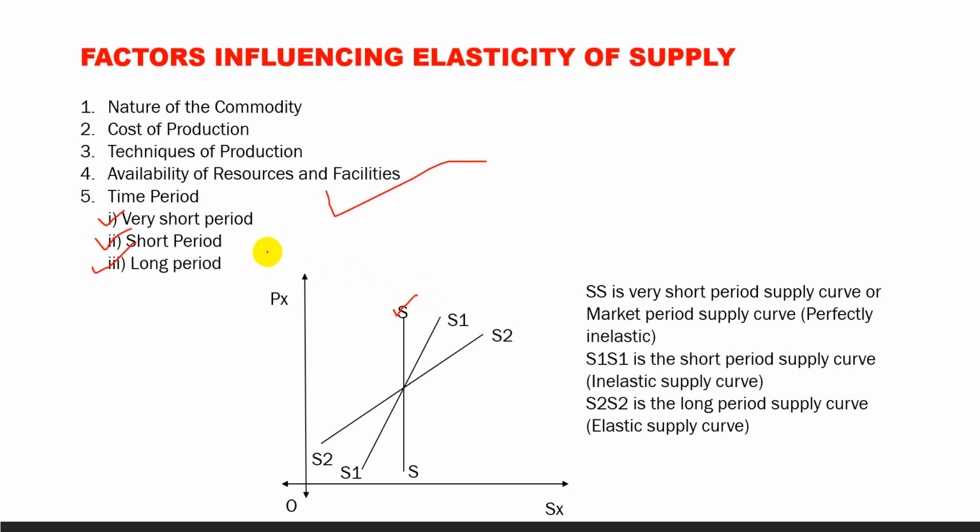This is also known as market period. Very short period is called market period, and very short period supply curve is known as market period supply curve. So market period supply curve is perfectly inelastic, which is vertically parallel to price axis or y-axis.